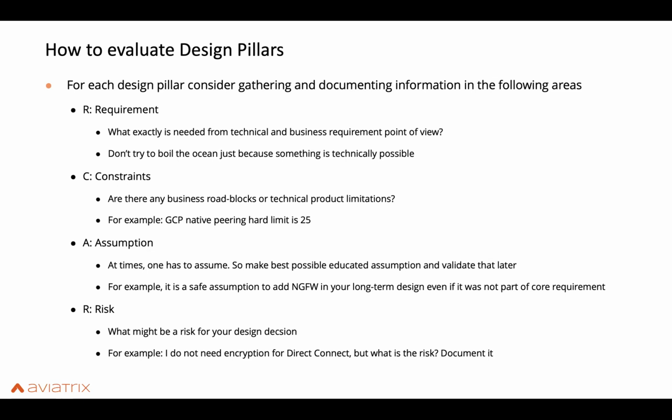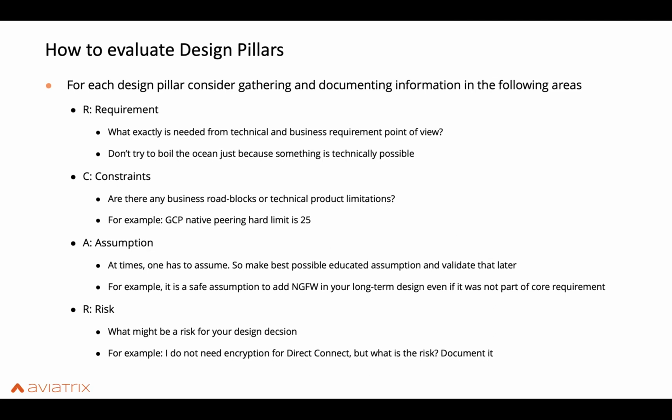So what we are looking for here is basically the constraints or the roadblocks that could limit what the business objective is. It could be a technical product limitation, or a limitation within the CSP, for example, a very common route limitation. It could be something non-technical, like a business roadblock.